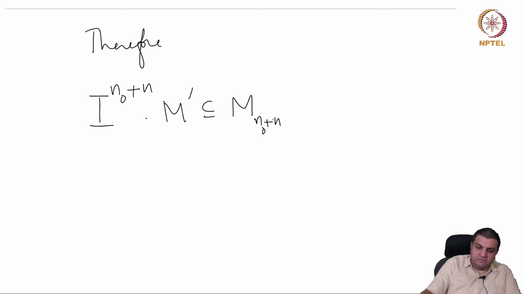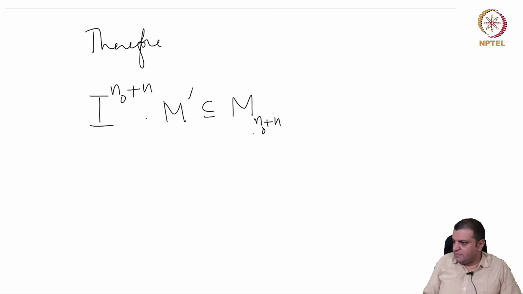That's the property of a stable filtration: first of all, there is this containment for every n, and for sufficiently large n, I times the nth piece is equal to the (n+1)th piece. So that's the Artin-Rees lemma.